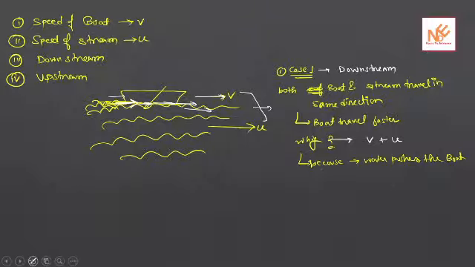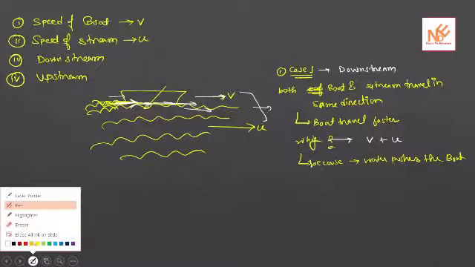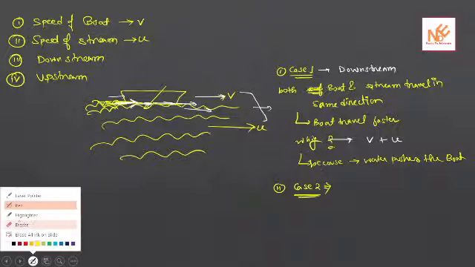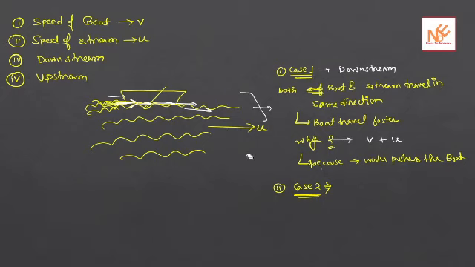Now we consider the second case. Case 2: let us consider the boat travels in another direction. Suppose the stream goes in that direction, but the boat travels in the opposite direction.